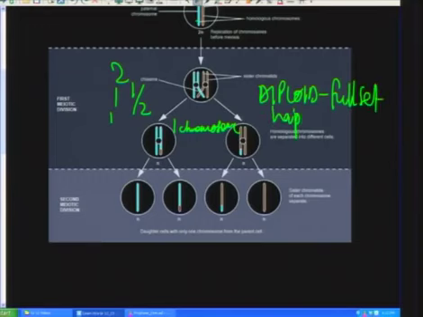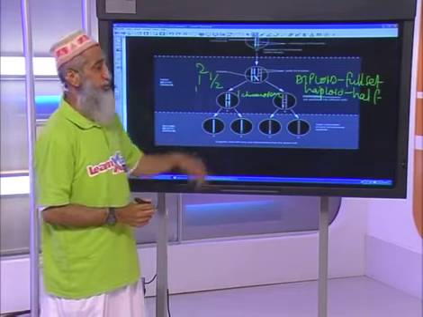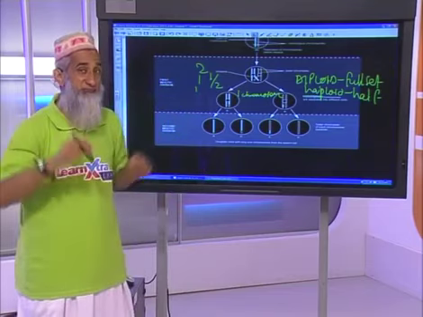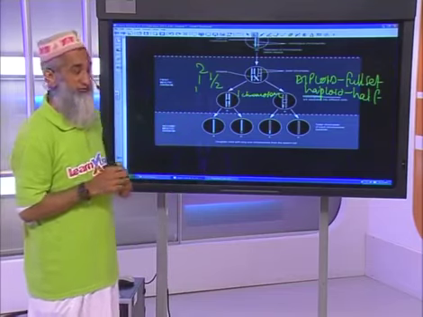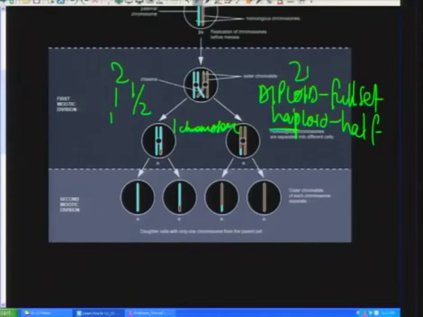Haploid would be half. Hap for half there. Diploid, double, but not really being double, but being the full complement. But we use the word 2n and n for that.